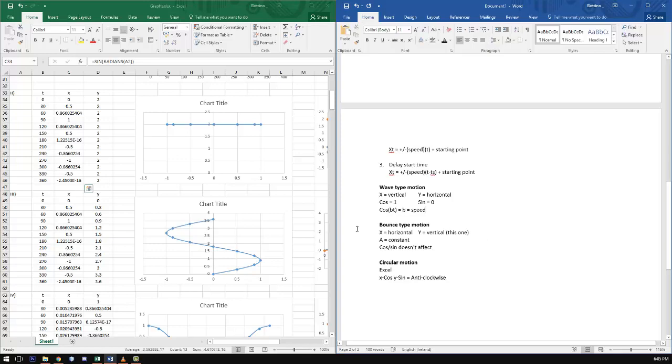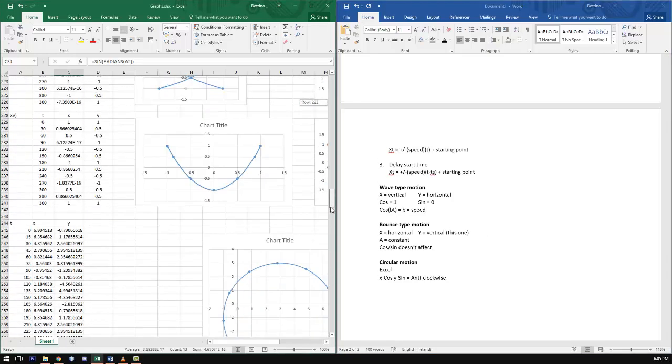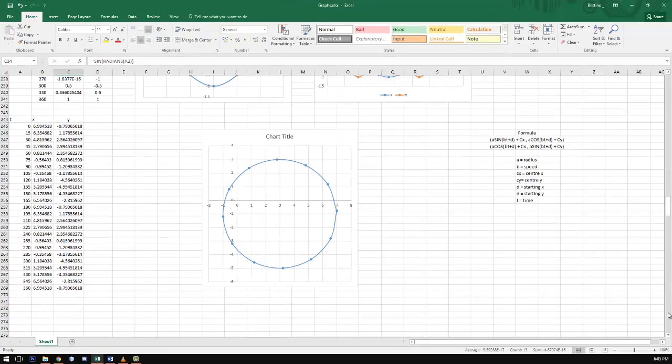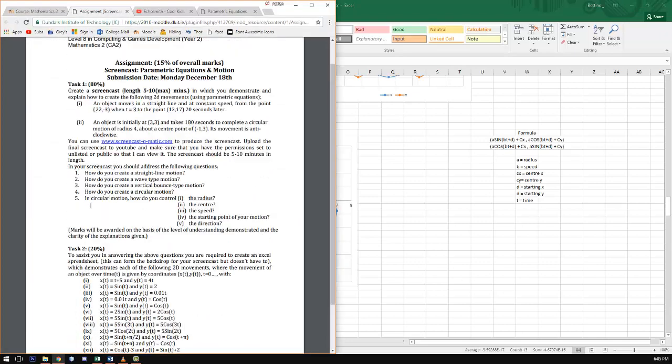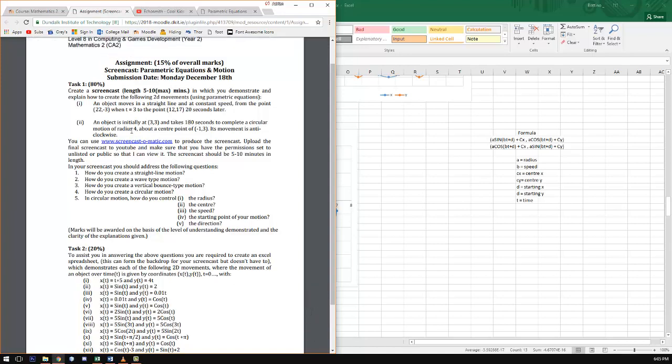For circular motion, we have part 2 of the question, which is: an object is initially at 3 and takes 180 seconds to complete a circular movement of radius 4.